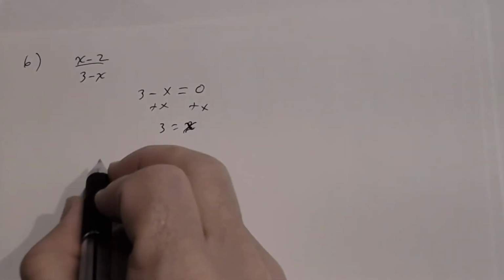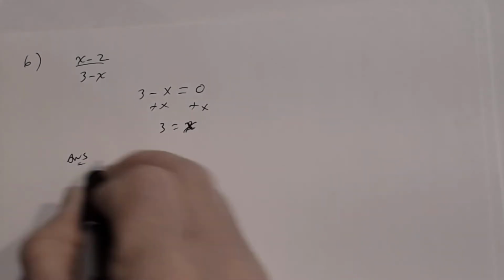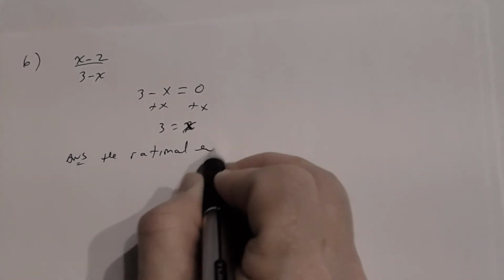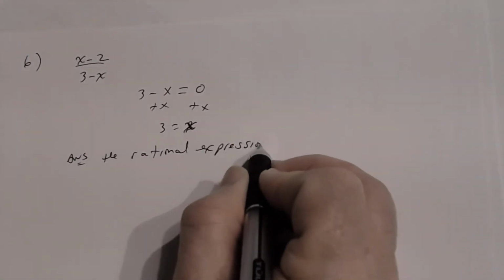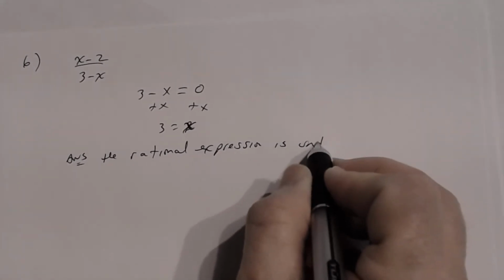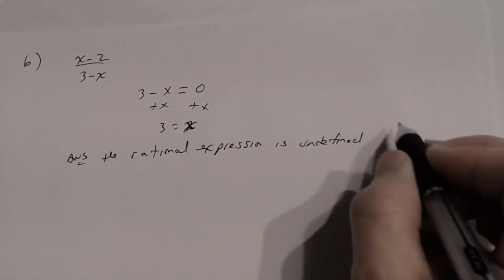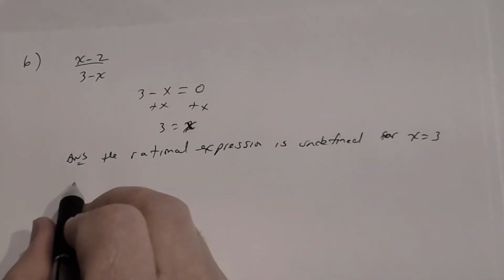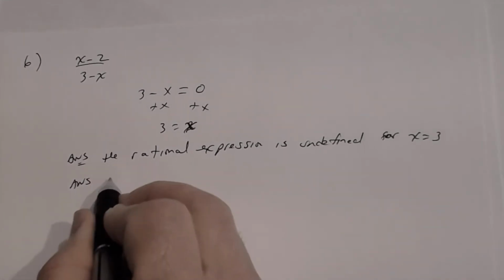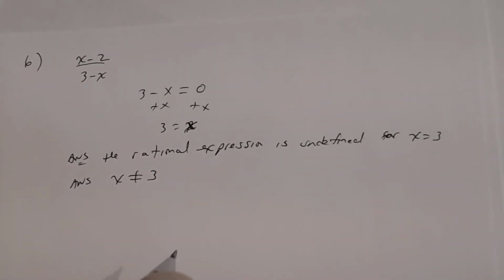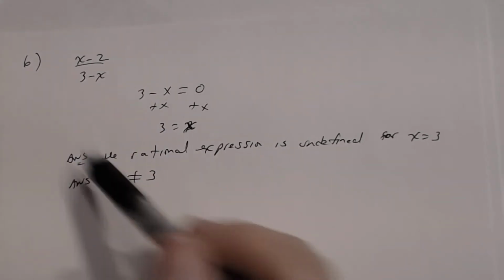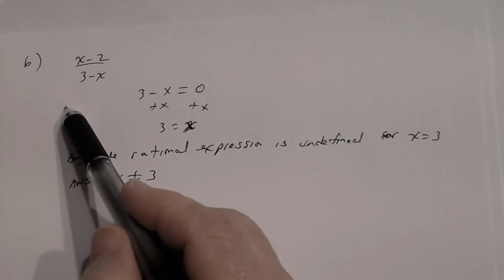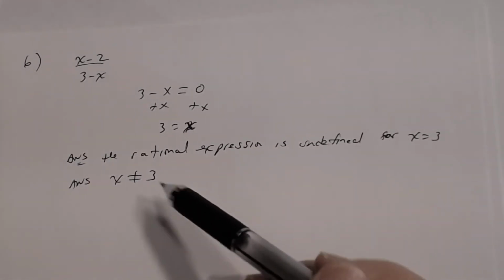Okay, so what I found in terms of the answer is that the rational expression is undefined for x equal 3. I can also write it like this if I want to. I can also say x cannot equal 3, right? All right. So again, what all this means is that this rational expression is defined for all real numbers except 3.